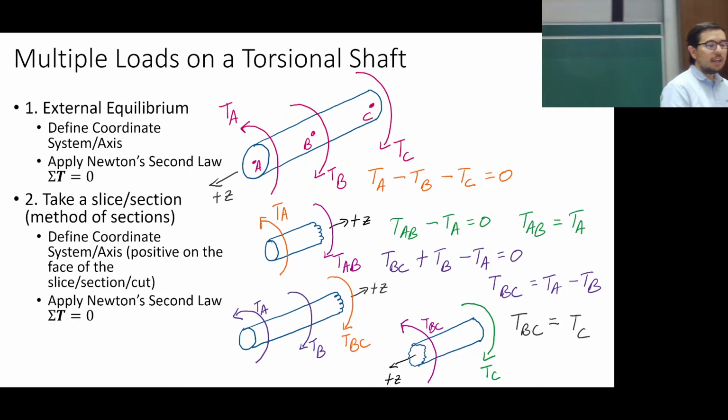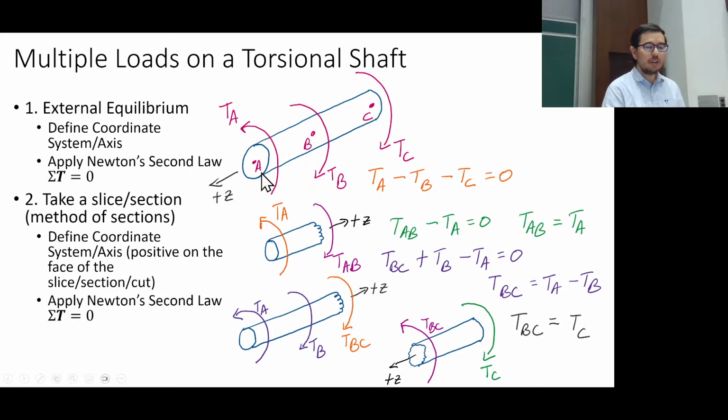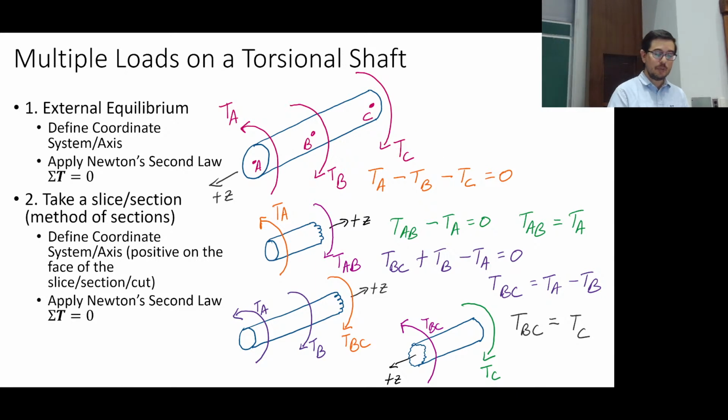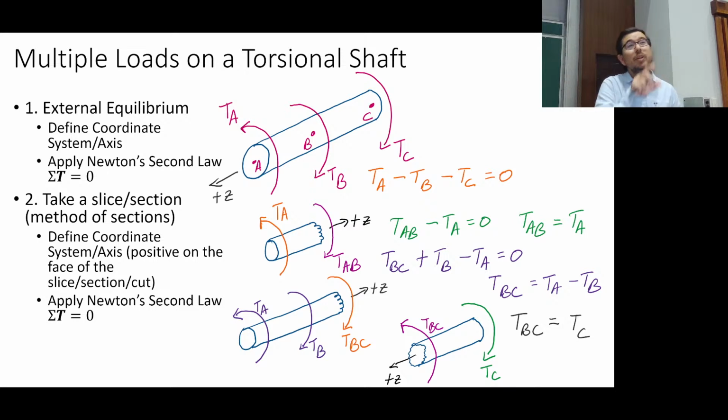So if I had another external load acting along this, then it wouldn't just be equal to either the left side or the right side. But you can already see that TA and TC, as long as TB is non-zero, are not going to be the same. So at least at this point, we have TA and TC not being the same. Good question, though. But this is completely analogous.